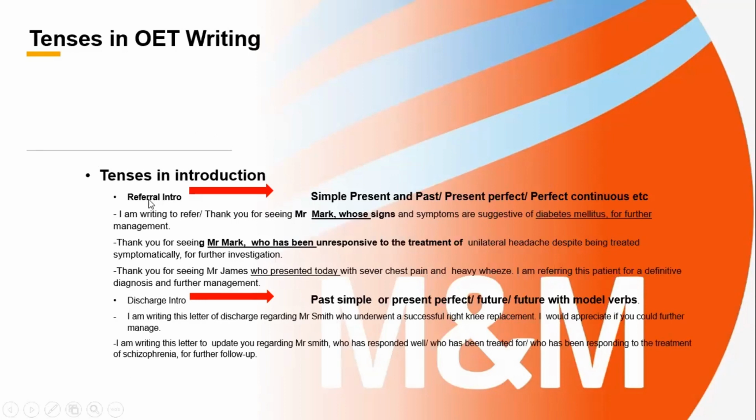In the tenses part, if we are writing a referral letter, we have flexibility to use different types of sentence structure and tense variation. For example, if this is your introduction, we can use simple present, past, present perfect tense, or maybe perfect continuous tense, etc., in the introduction of a referral, depending upon the importance of the case.